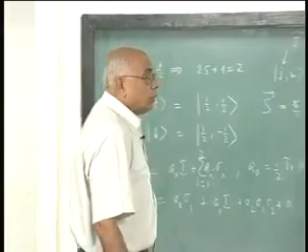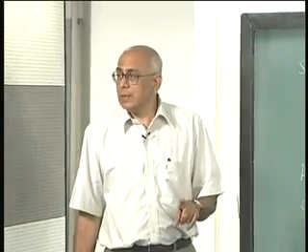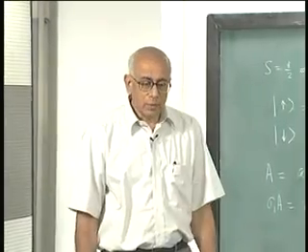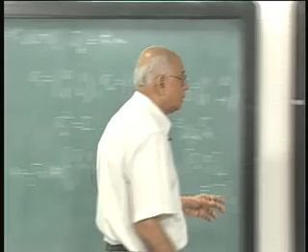Very, very useful representation. In fact, you can now see what a rotation is going to do, and we will see that very shortly. When you rotate the coordinate system, you could ask what happens to any operator in this space, and it will be the representative of the rotation operator times the operator times the inverse of the rotation operator, and this will be easily calculable using this identity here.